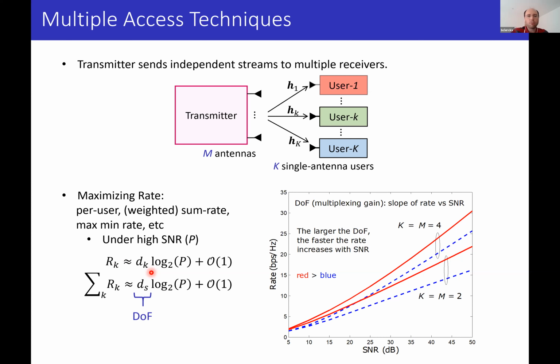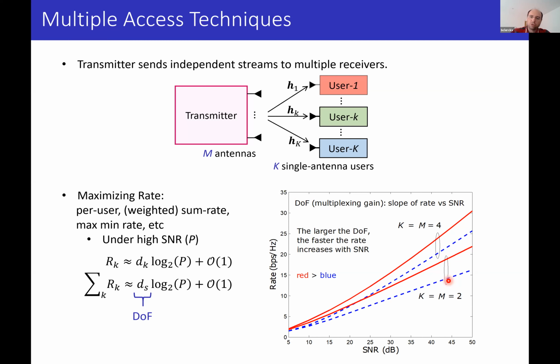And so if you have, for instance, a sum rate, the sum of the rates across those K users, you have now some degrees of freedom or some multiplexing gain that would still be written as essentially the slope of the sum rate versus the SNR in dB. And so typically, if you have two communication strategies, for instance here one in red and one in blue, for a setup with, for instance, 2 users and 2 transmit antennas, the one you would prefer is naturally the one that has the largest degrees of freedom, because that's the one that will lead to the fastest increase of the rate versus SNR.